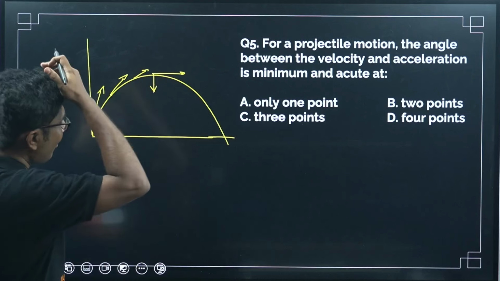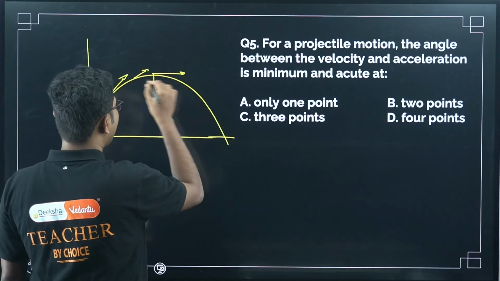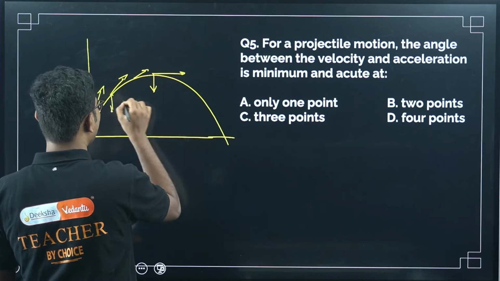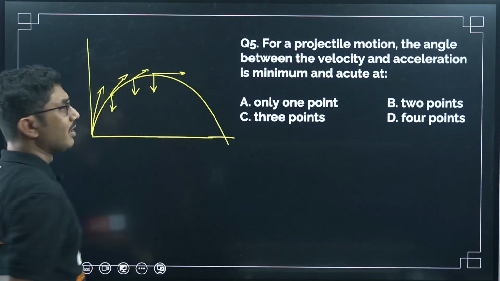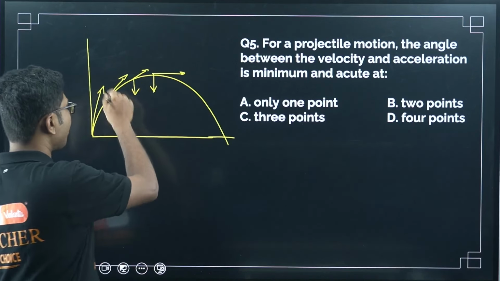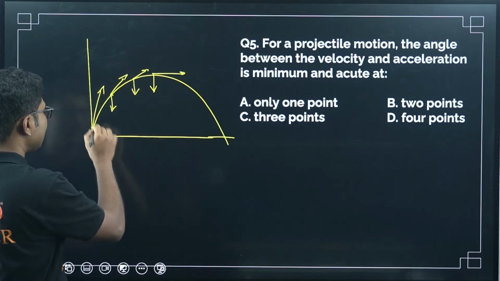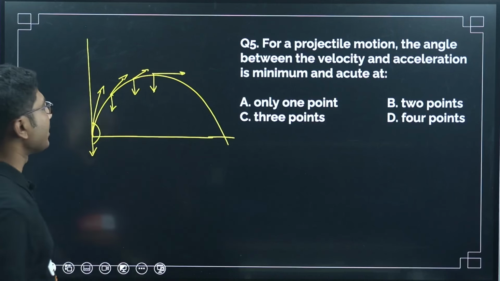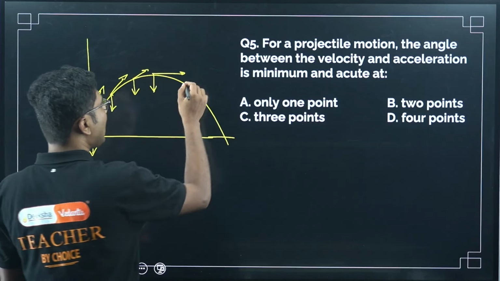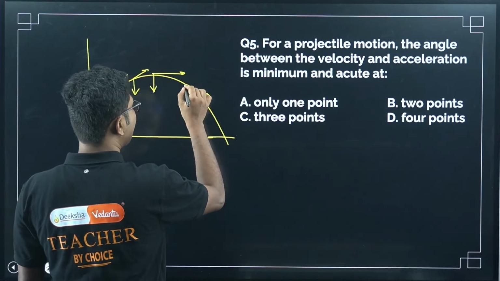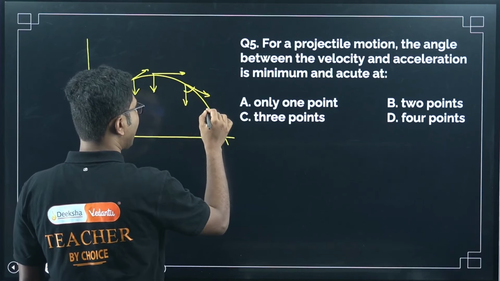Now till this point, this is not acute. This angle is obtuse. If you consider any point on this side, then the angle is obtuse because it is more than 90 degrees. But from here onwards the angle is acute, right?